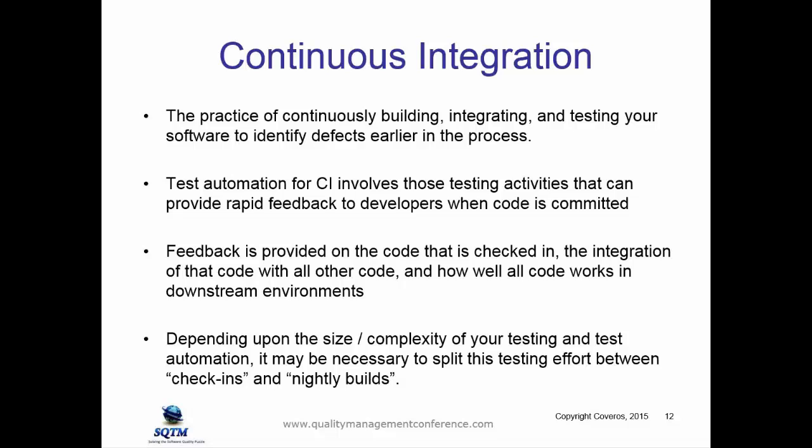Check-in tests are those tests that are going to give you feedback very rapidly to let the developer know whether what they've done has broken something. Nightly builds typically run a more rigorous regression testing across an integrated set of changes that have been made during the day and provide daily feedback on the integration of new functionality that we can't run fast enough to give immediate feedback to the developers.